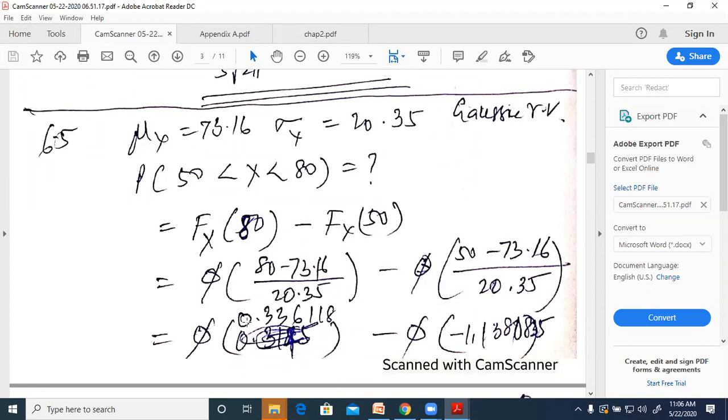So this turned out to be 0.336118, and this turns out to be phi of minus 1.1380835, whatever it is.